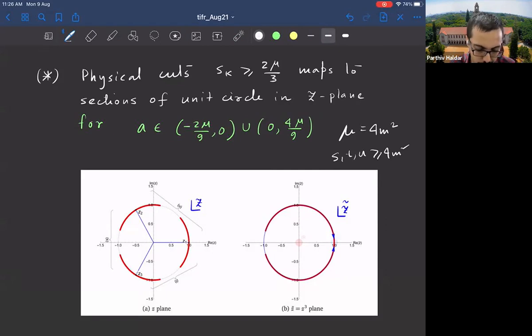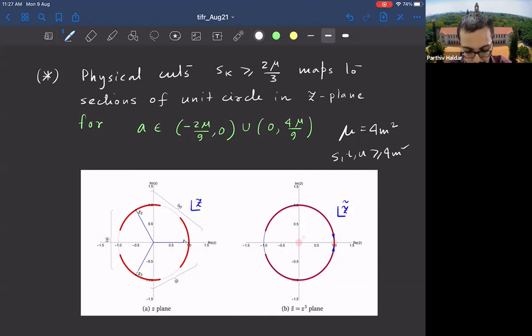Now, if you go beyond this value, it can happen that these branch cuts get mapped to the real z-axis within the disk. For our purpose, we do not want that. We do not want any other kind of singularities. Assuming we are not considering any pole, we just want analyticity in the interior of the unit disk.